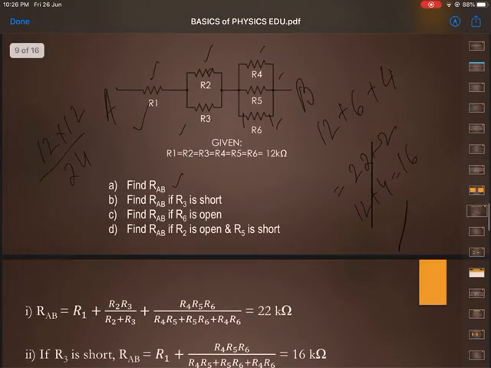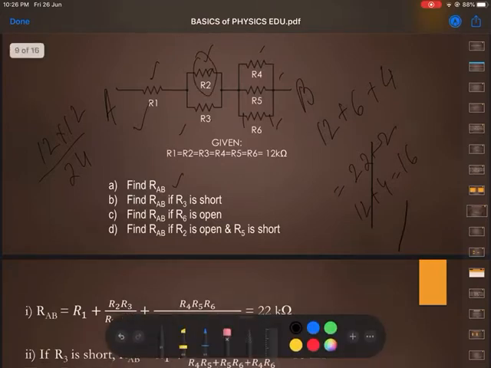Now see the next case. What it says is, if R2 is open and R5 is short. If R2 is open, that means this is gone, and R5 is short, that means this is as good as this arrangement. But this being short in parallel with this, any of the resistances now becomes short, so the resistance is 0.